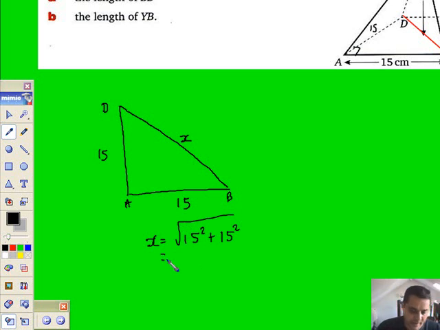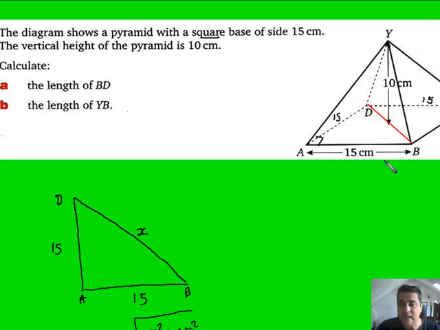Now we're going to square root that. So let me just write down root 450 first to show an intermediary step. Now we're going to square root it and get 21.2. It makes good sense because 21.2 is in fact the hypotenuse, the longer side of this triangle here that goes DAB. Alright, so that's the length BD sorted.